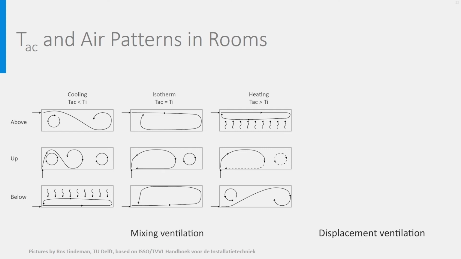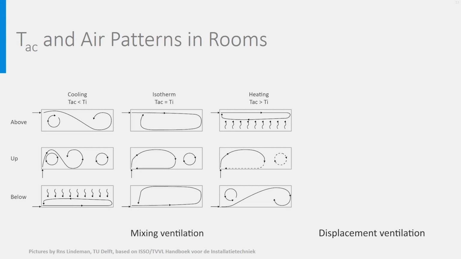When TAC is smaller than the room temperature, in cooling mode, placing the supply valve on the top of the wall or below, blowing up, will create a good circulation and mixing of air. If it is supplied below horizontally, the air will remain below, and it may be that the room is not entirely ventilated.